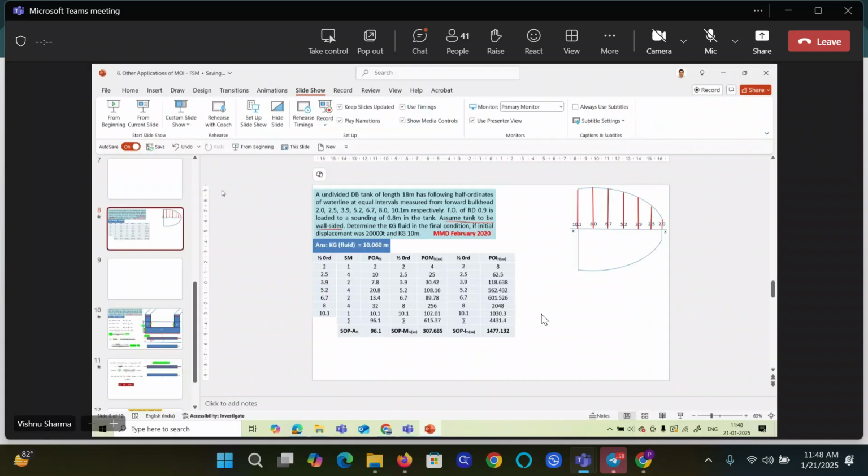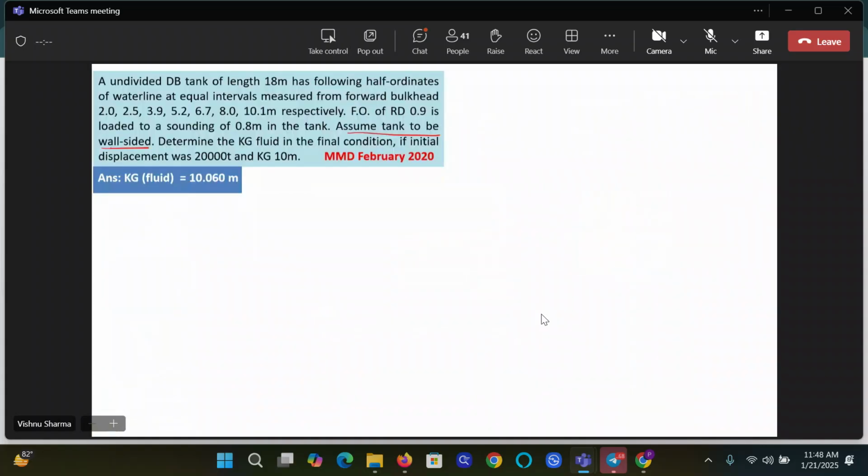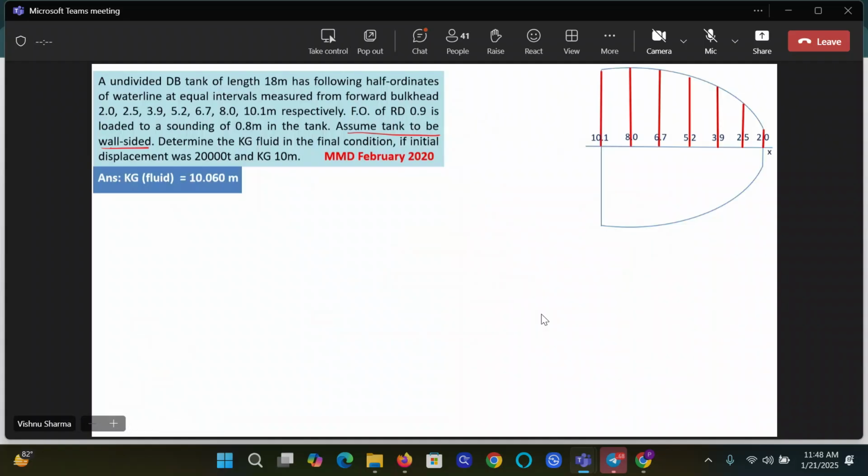Okay. Guys, pay attention to the column headers. Half ordinate, then POA of half area, then POM half area about XX, and POI half area about XX again.